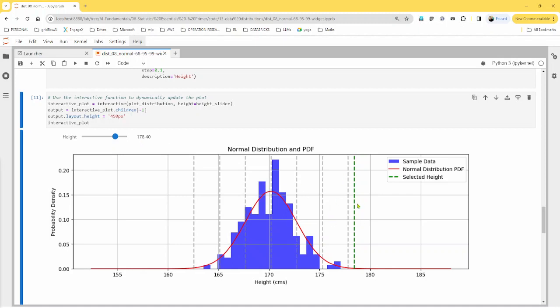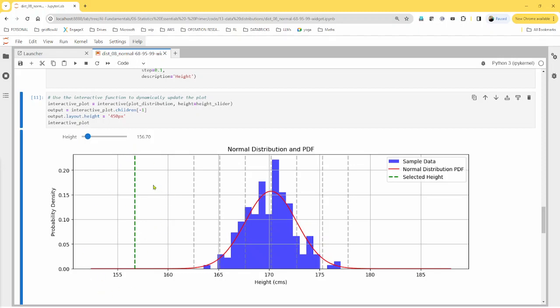The plot is telling it's very unlikely that someone would be of this height, and you see it is beyond the PDF. So that means the PDF will be the highest around the center or the mean because of the normal distribution curve. And likewise, you can keep going to the right, and the probabilities or the PDF will be very, very small. And likewise, if you go on the left hand side, let's say someone is a 156 centimeter adult, that is very, very unlikely also.